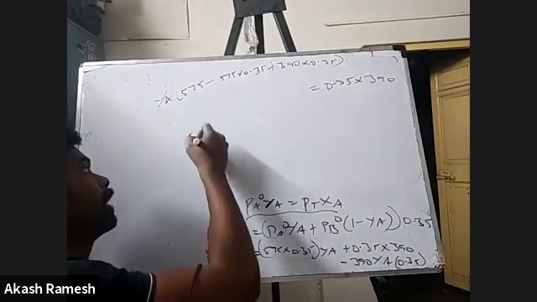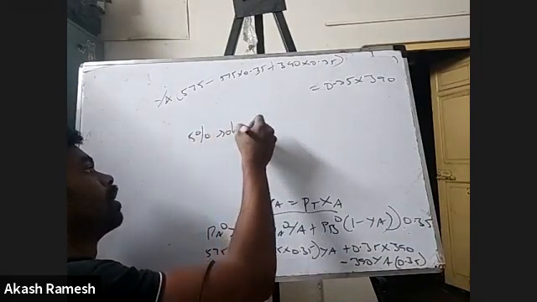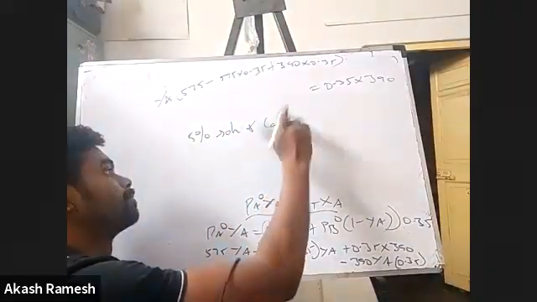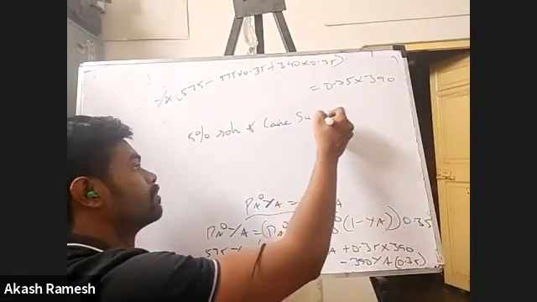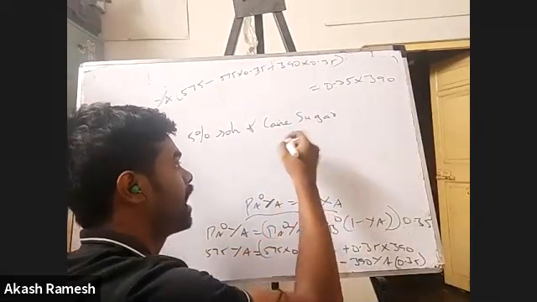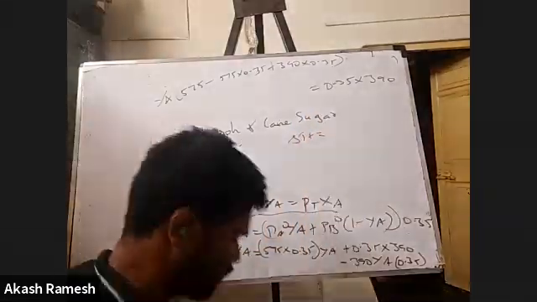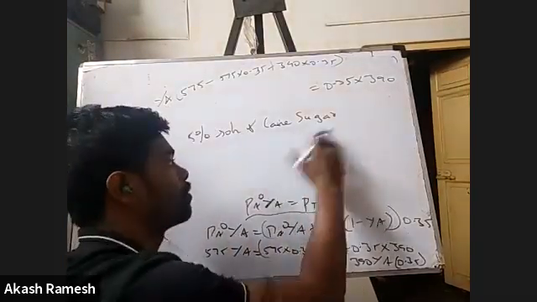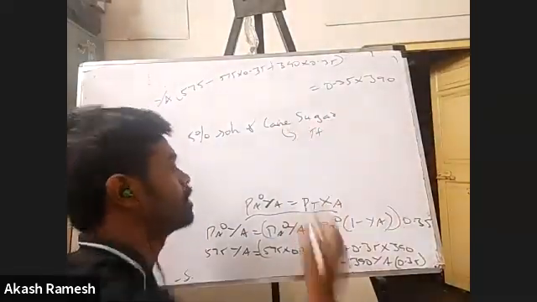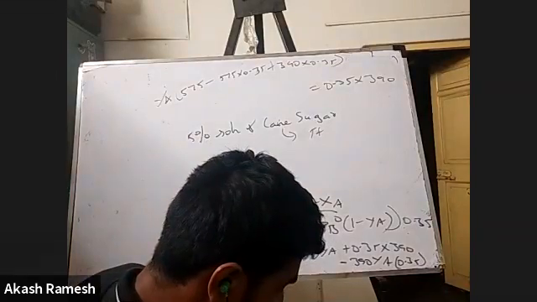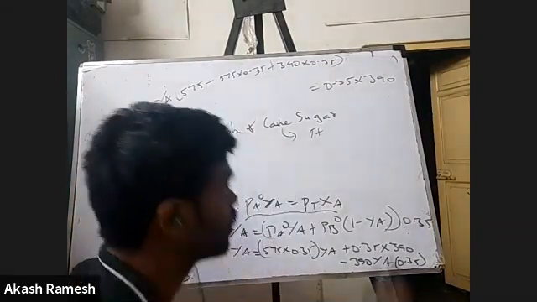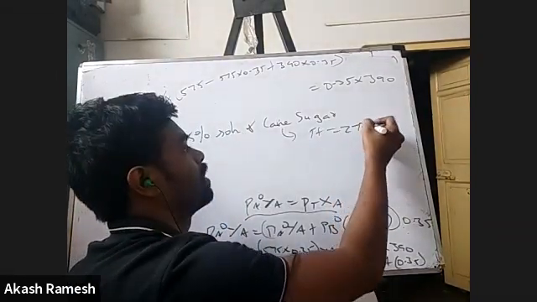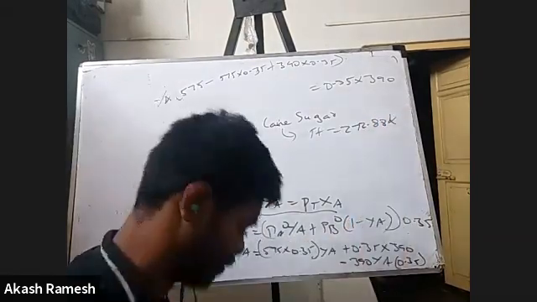Okay, so a 5% solution of cane sugar has a freezing point TF of 272.88 Kelvin.